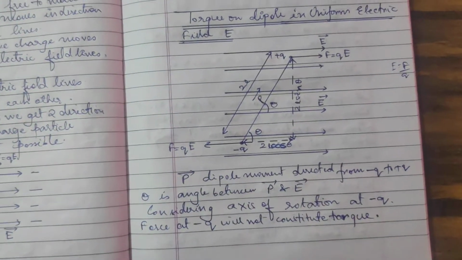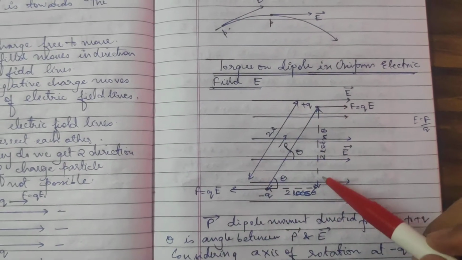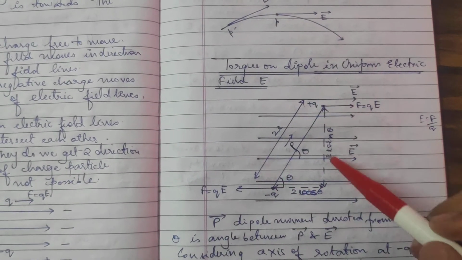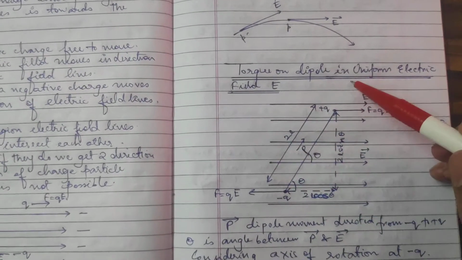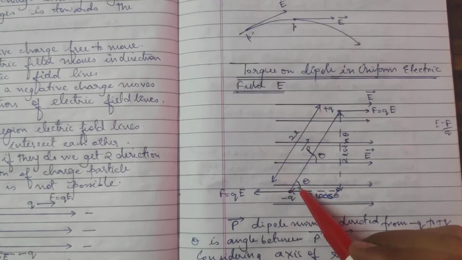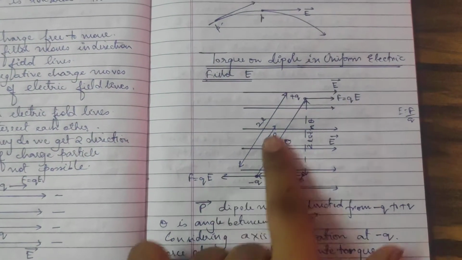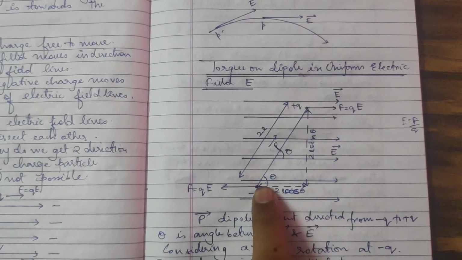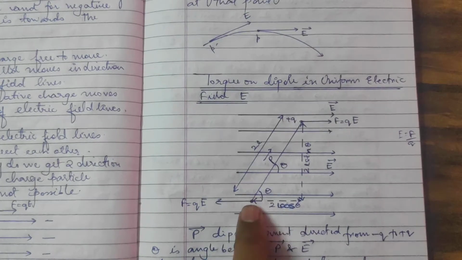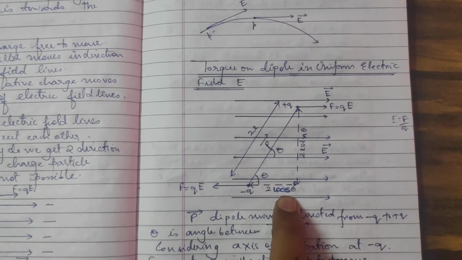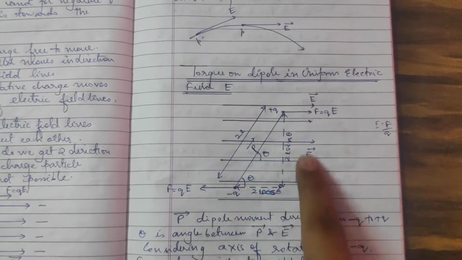Now, you see there is a triangle over here. If this is 2L and this angle is theta, then the component of 2L along the base will be 2L cos theta, and the perpendicular will be 2L sin theta.